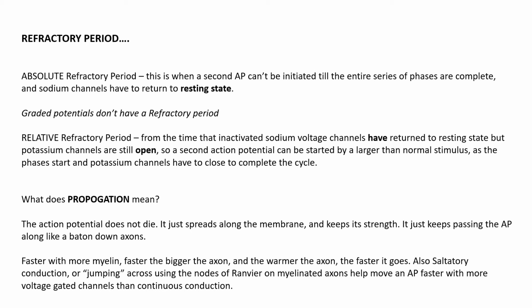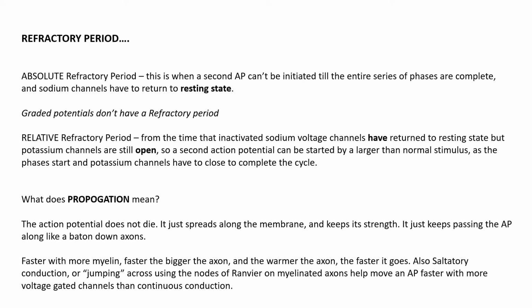So now this term in bold here, propagation. What does that mean? The action potential doesn't die after it's gone down one axon from one cell body. So the dendrites in your fingers, you pick something up, you feel it, you sense it, it goes down the cell body, down that axon, runs out. That action potential just doesn't die.